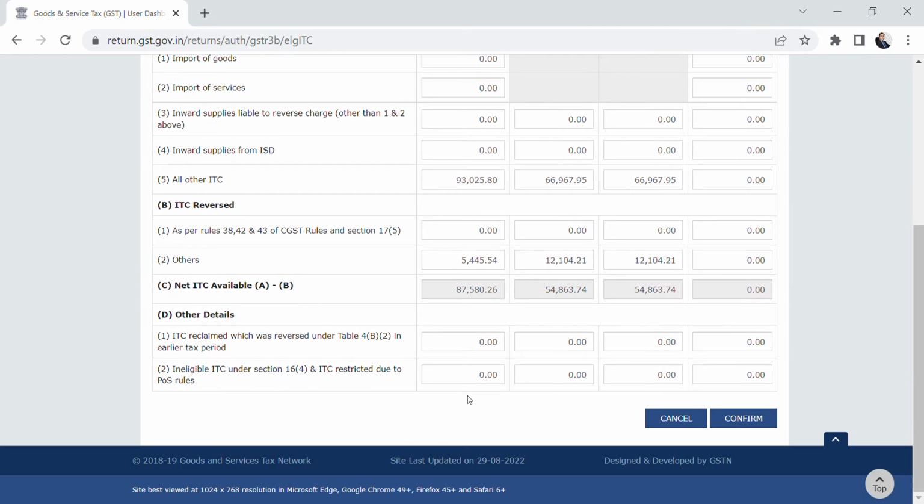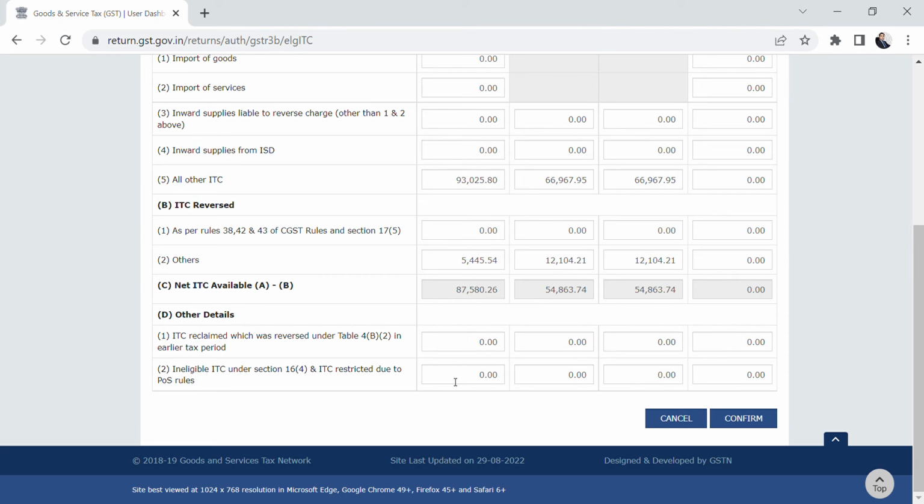Now coming to the third part, most important, they are talking about 4D1 ITC reclaimed, which was reversed under table 4B2 in earlier tax periods. For example, when you have filed July's return, you have reversed some amount, which was reversed on account of payment not made within 180 days.